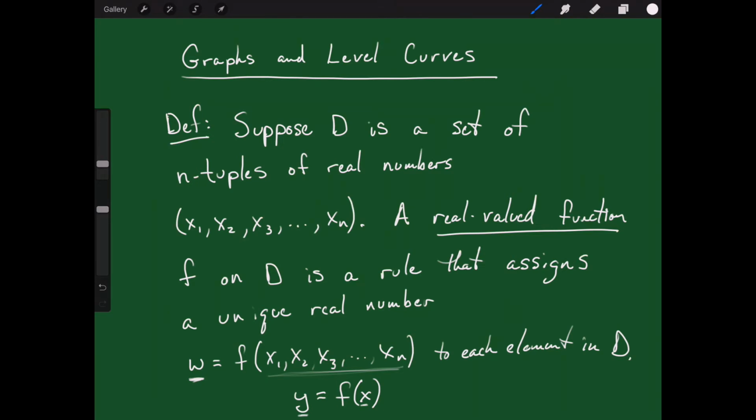Okay, let's look at an example of this that's not in just one variable so that you can kind of see how this works. So here's an example.